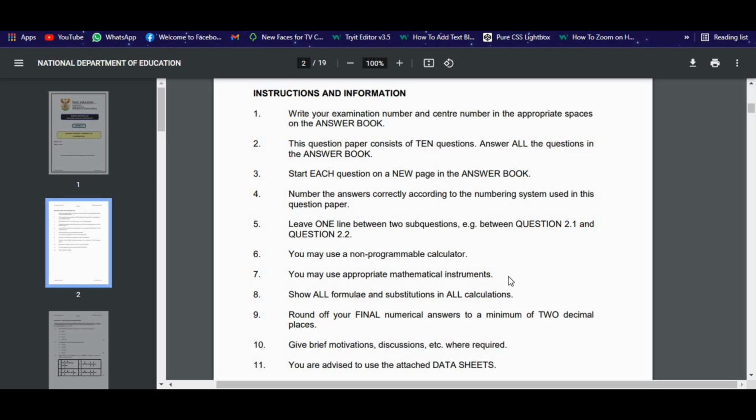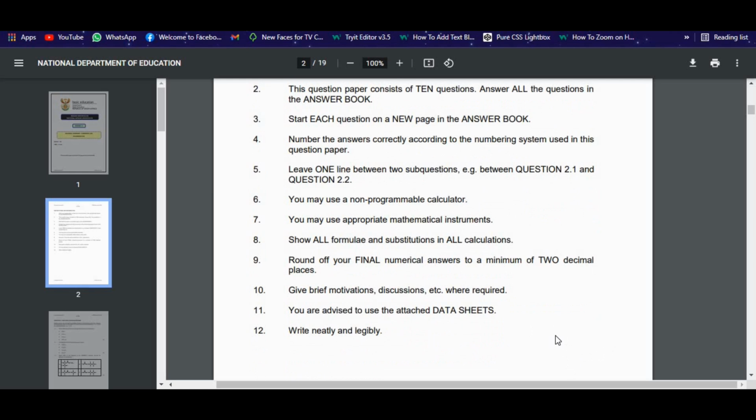So question 2.1, then you leave a line, and then you start question 2.2. Also, the second most important, if not the first most important, is always look for how many decimal places you must round off your numerical answers. Such as this one, which they want you to keep to a minimum of 2 decimal places.